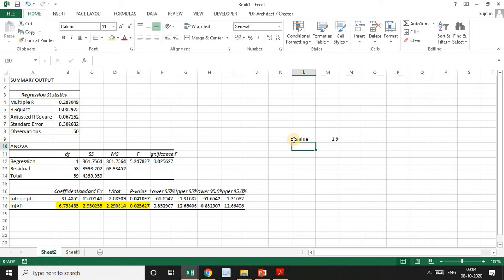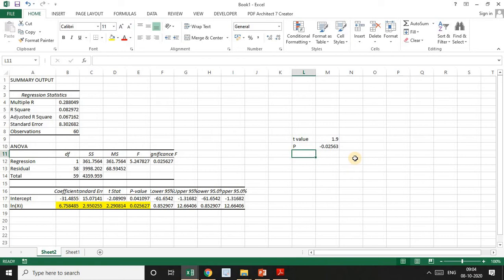That's why we can say the slope coefficient is significant. Or you look at the p value, it is 0.025. It means that you can reject your null hypothesis at even 97 point something percent. The possibility of committing error is 2.5 percent.